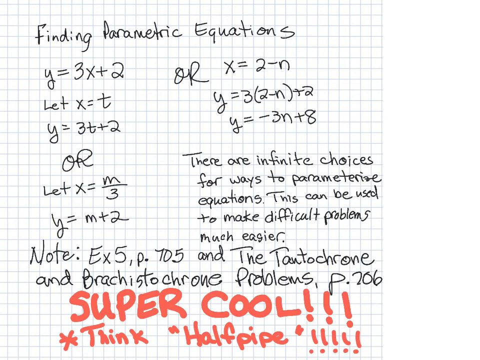The shape of that cycloid is going to cause you to get just enough acceleration at the beginning of your drop in to make it to the bottom as fast as possible. And no matter where you drop in, you're going to get to the bottom in the same amount of time. It's just really cool stuff.